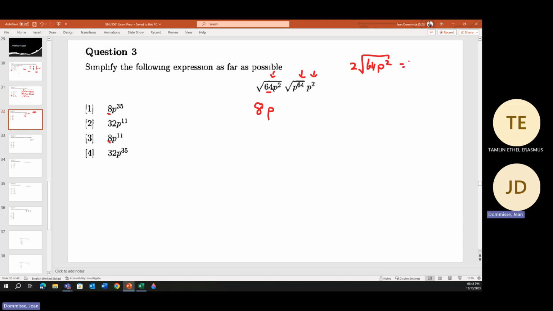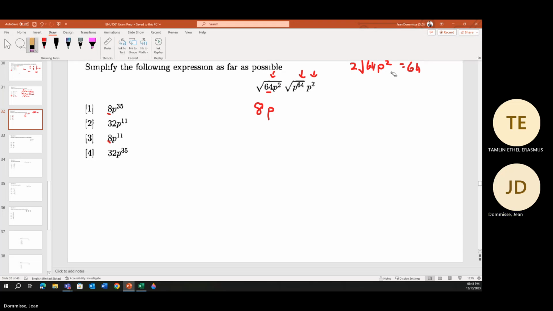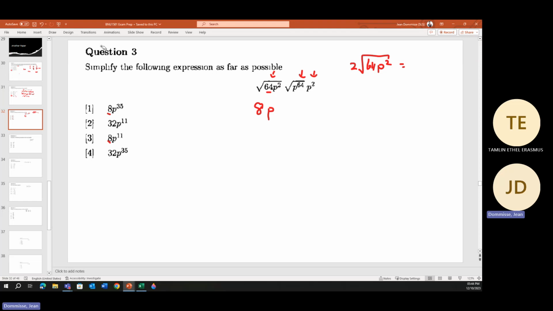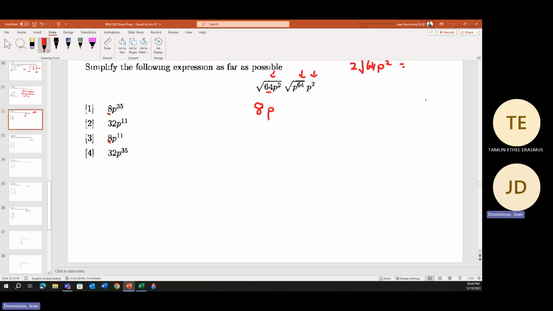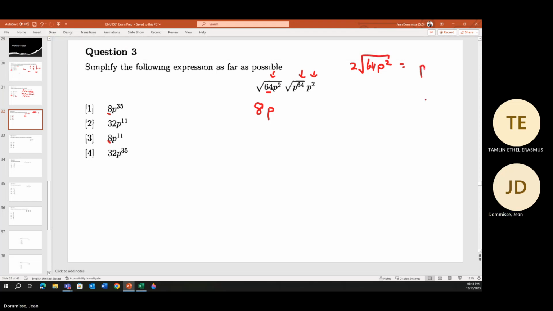which we can then say, let's keep the 64 quickly out of it. Just want to show, so the square root of p is basically p to the power of 2 divided by 2.